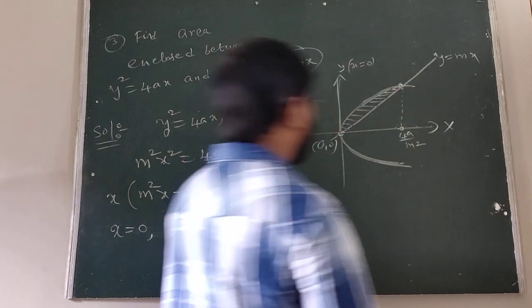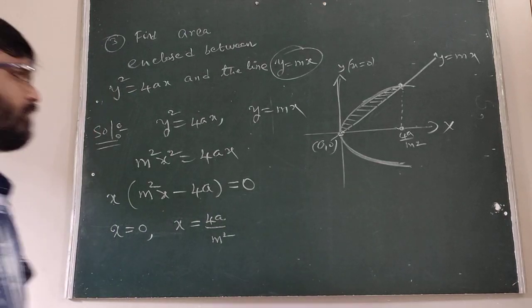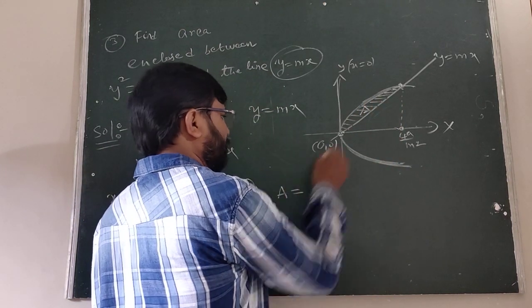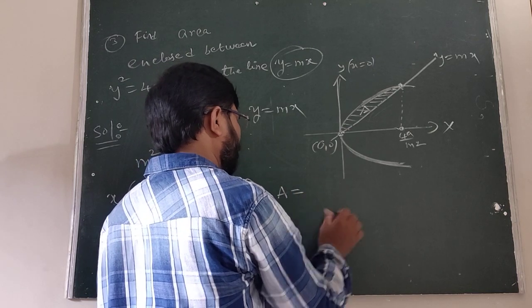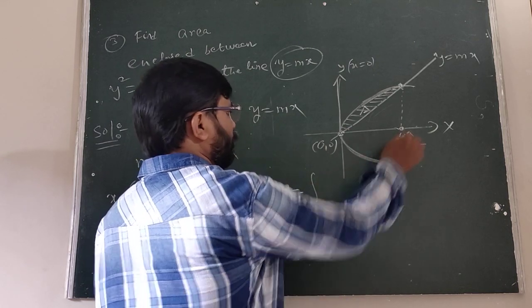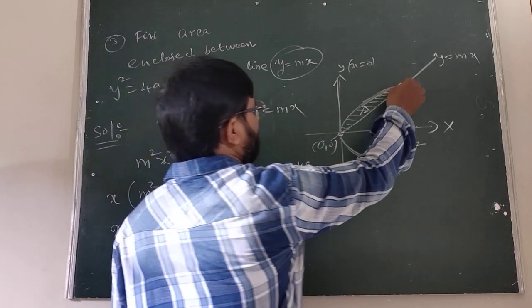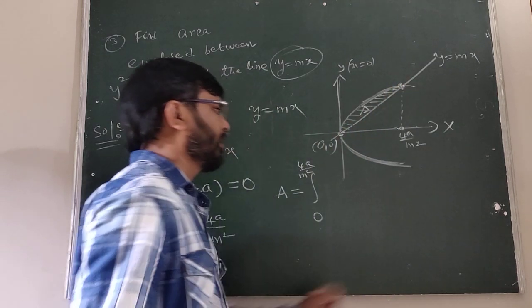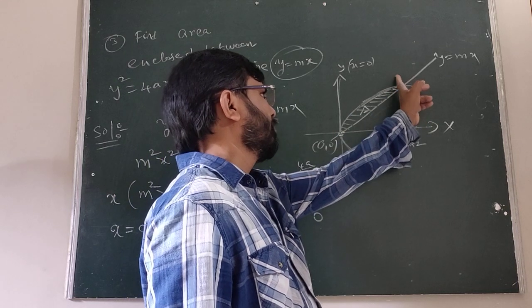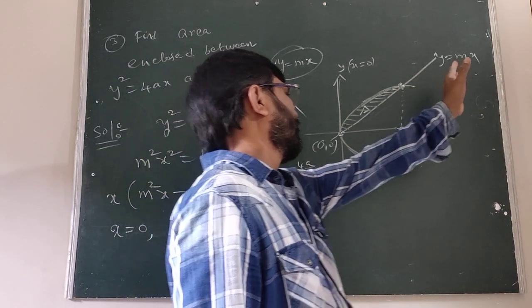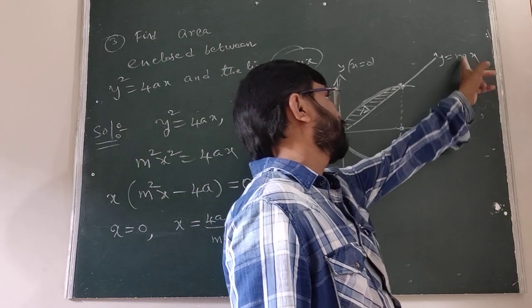So now we find the required area. Area equals, the boundaries are x limits, integral 0 to 4a by m square. We could also find the point: x is 4a by m square, and y we can get by substituting, 4a by m.